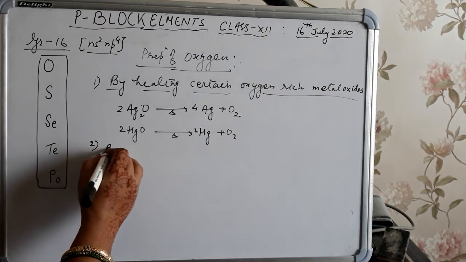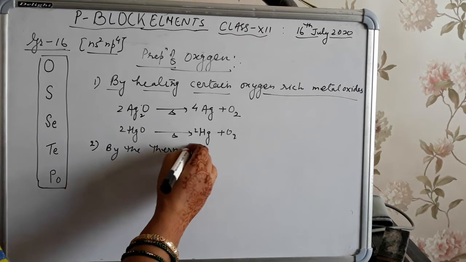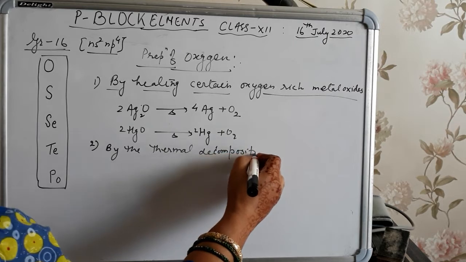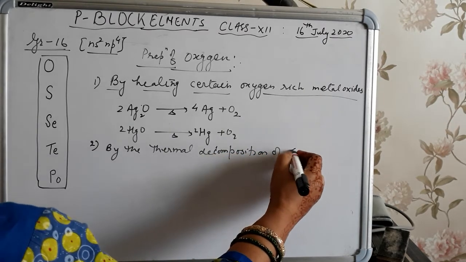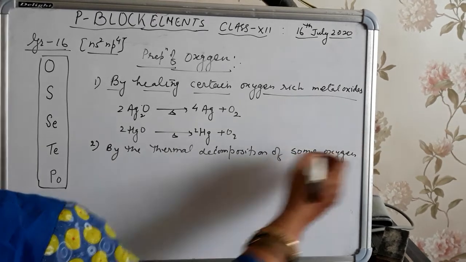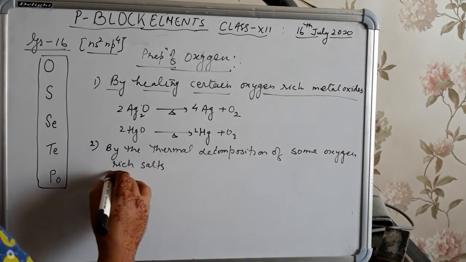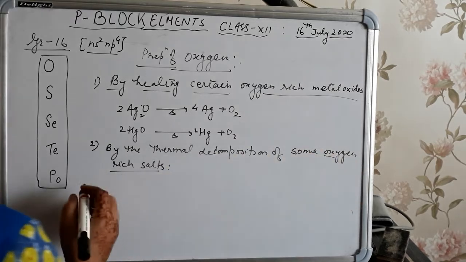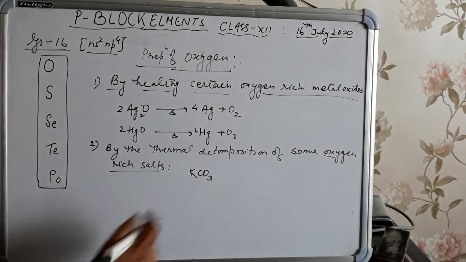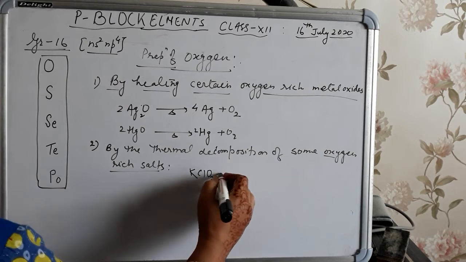And the next preparation uses the thermal decomposition of some oxygen rich salts, and the most common oxygen rich salt used is KClO3, potassium chlorate.